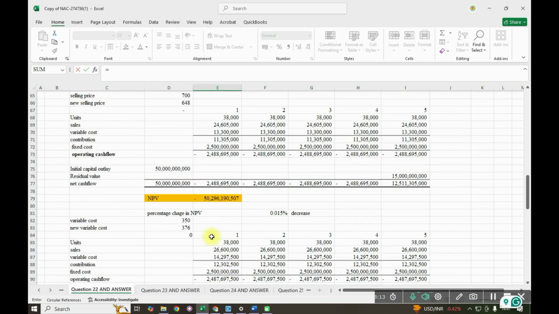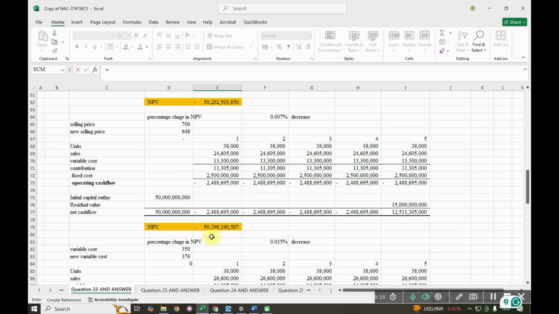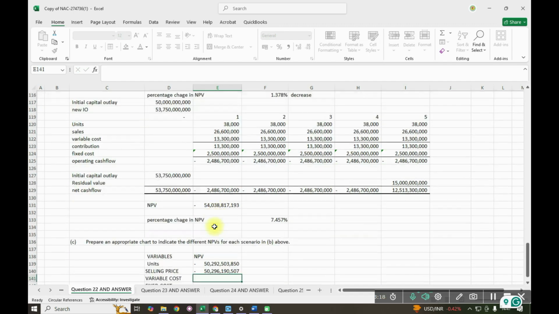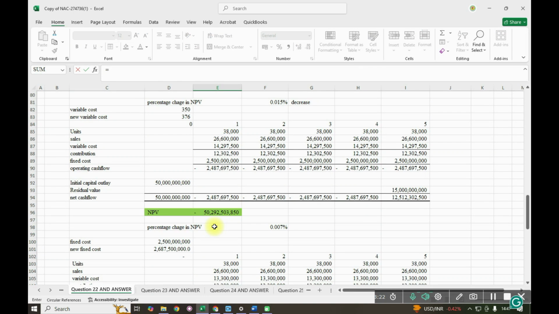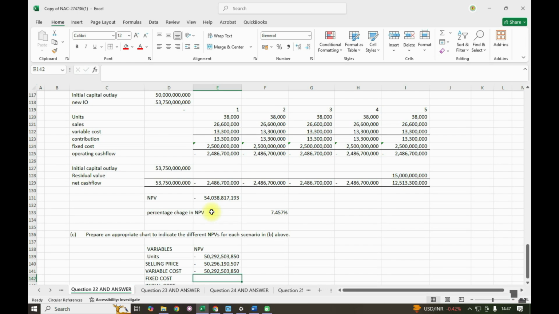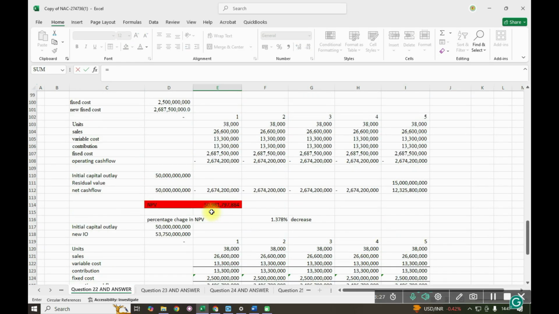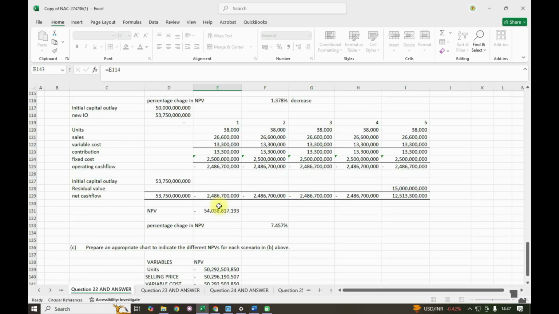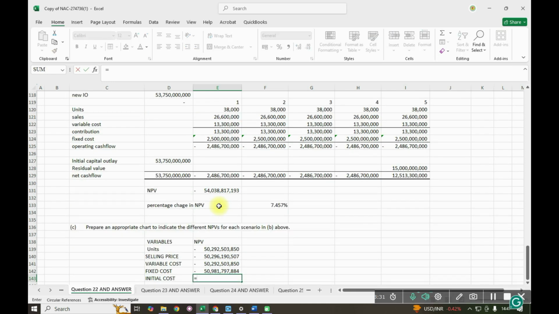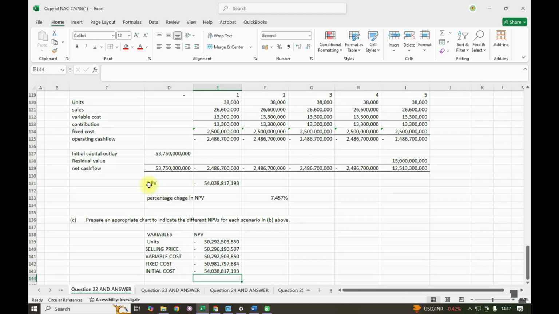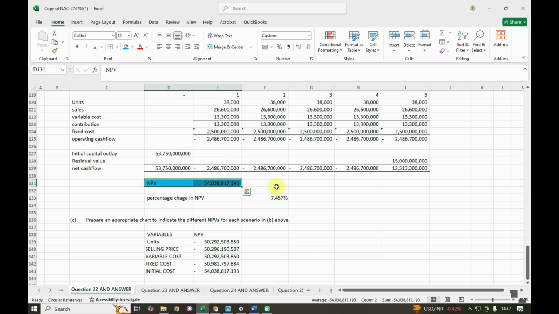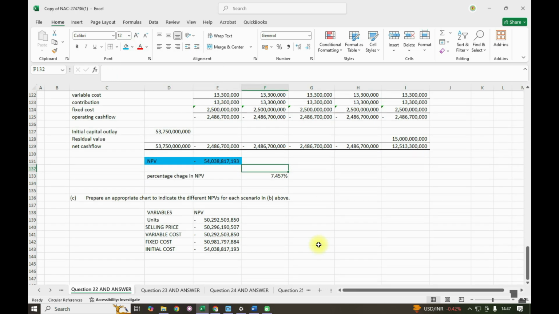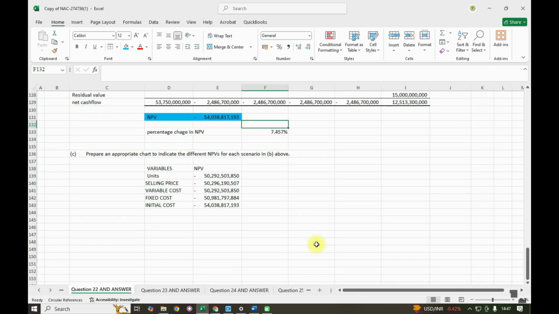Selling price at this NPV. Variable cost at this NPV. Fixed cost at this NPV, and the initial outlay at this NPV. For the initial, you can have a different shade. Yeah, that way. So those are the NPVs that we are having.